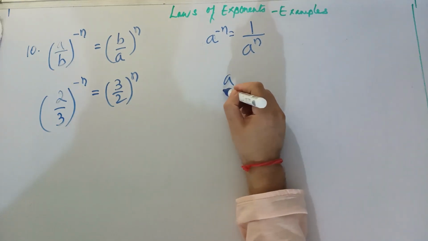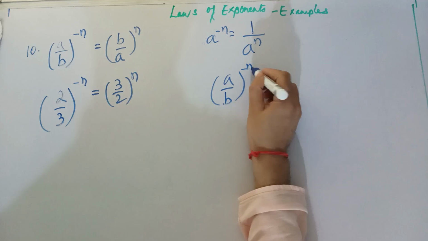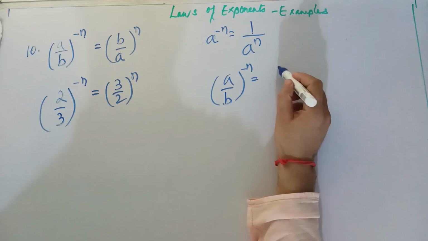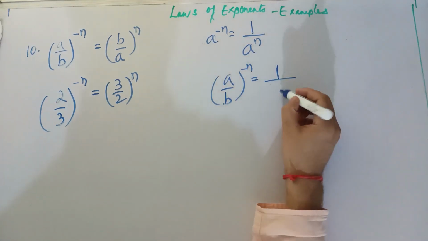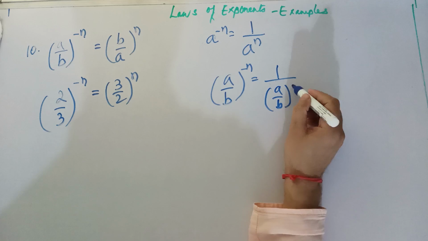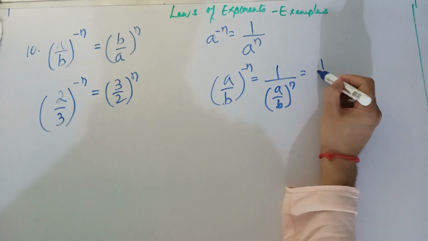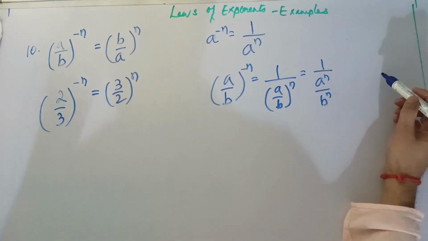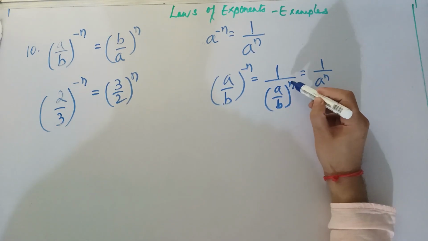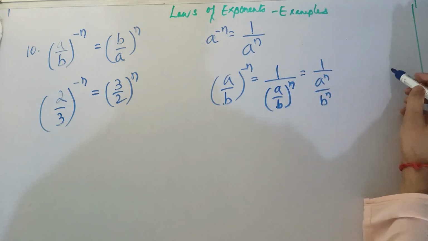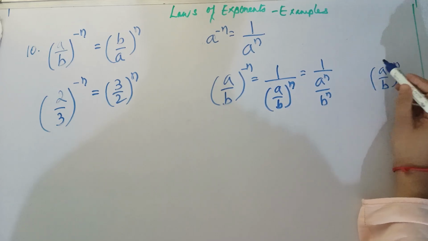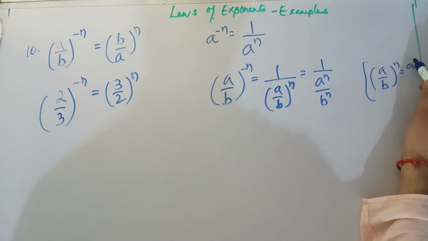So again, a upon b raised to minus n will be equal to 1 upon a upon b raised to n. Now this will become 1 upon a raised to n upon b raised to n, by the law that this power will distribute to the numerator and denominator. We have studied this: a upon b raised to n is equal to a raised to n upon b raised to n.